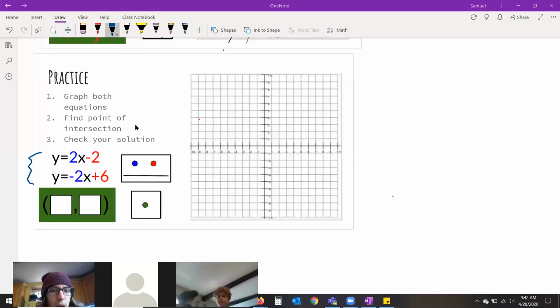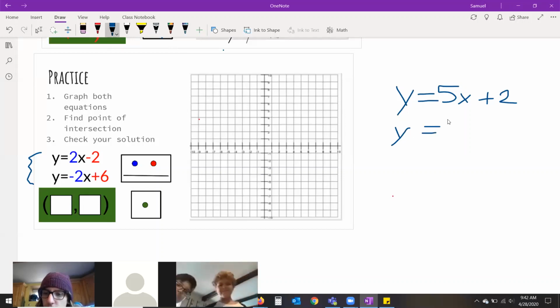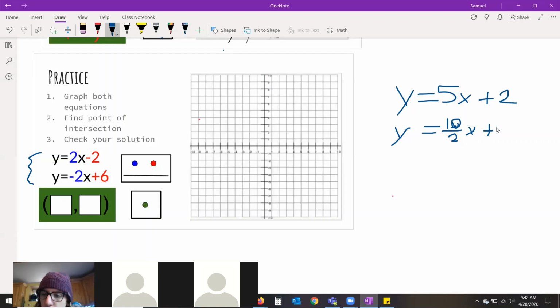So if this is a system of equations, here's a couple tips that'll help you guys. Again, I'm going to have you answer in the chat. If I have y equals 5x plus 2, and then this one says y equals 10 over 2 x plus 2, how many solutions are there going to be to this system of equations?